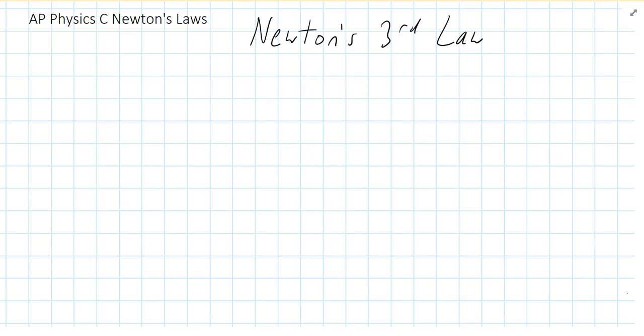Now, why is this Newton's most important law, in my opinion? It turns out that this leads to other things. This leads to conservation of energy. This leads to conservation of momentum. Basically, what Newton's third law says is that things don't act. They interact.